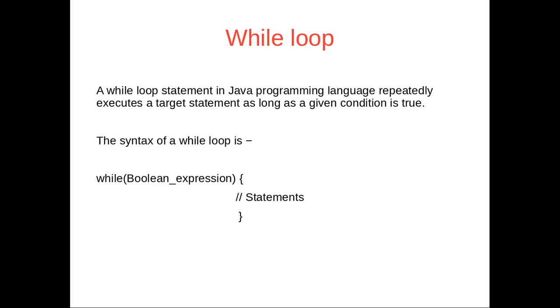The syntax of the while loop is very simple. If we see the while loop here, the syntax is very simple. Here is the while loop, the boolean expression, and the body of the while loop.